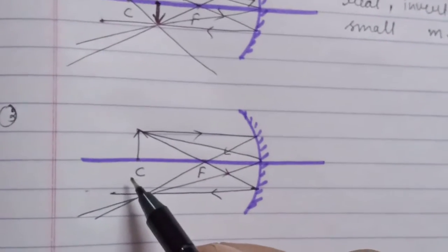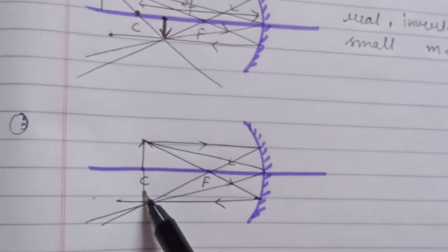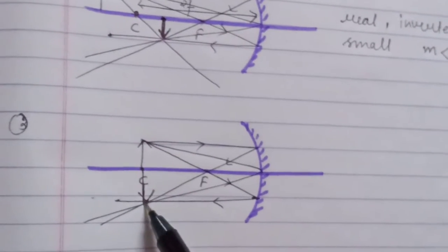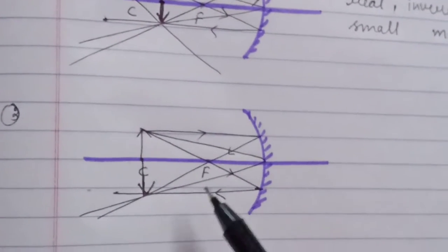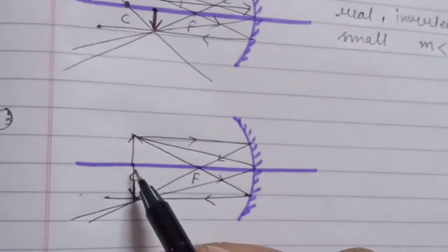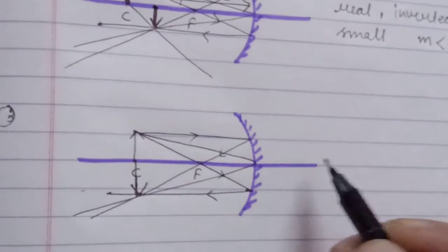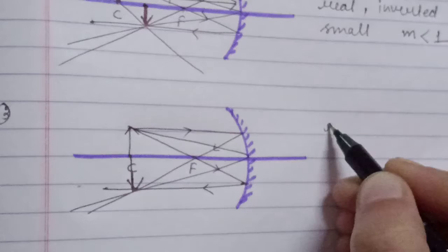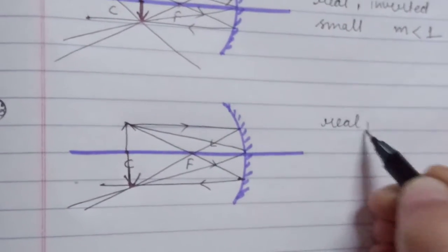Okay, so the image forms at the center of curvature. The image is on this side, the reflecting side, so real.